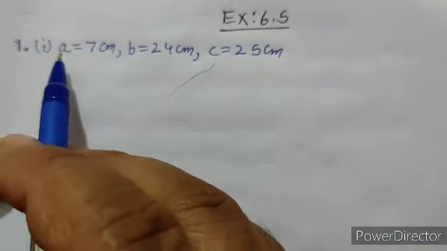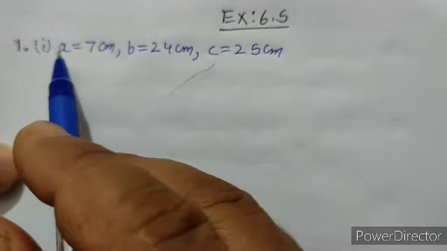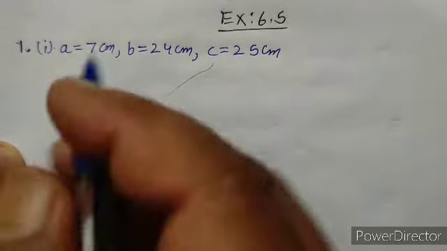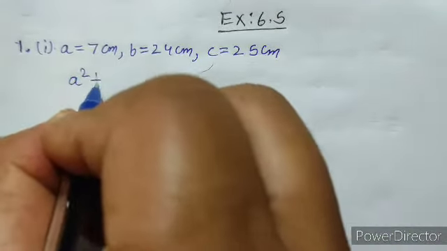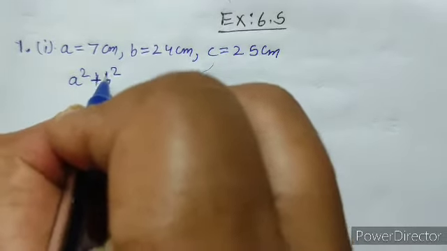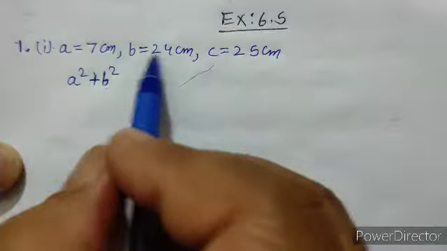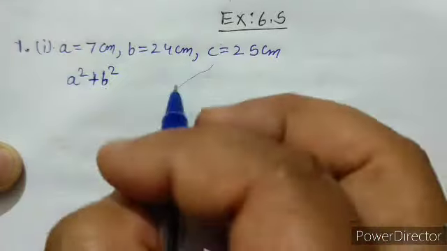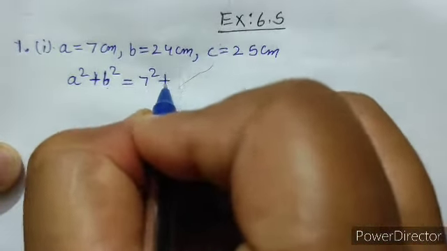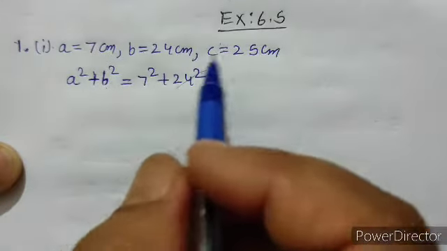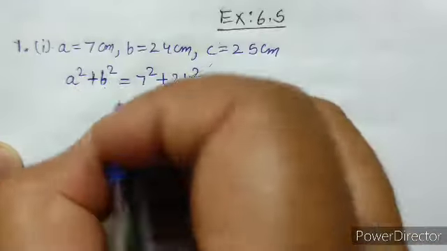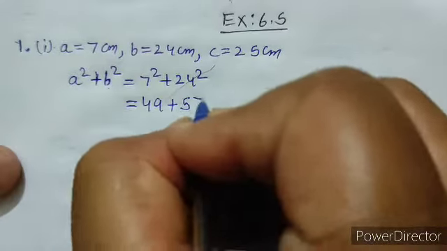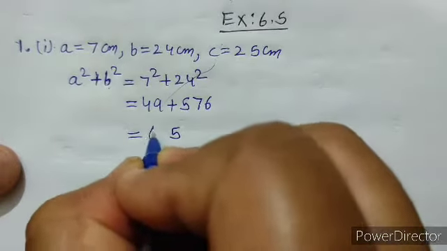Now here the sides of a triangle are given to us, and I have taken them as A, B and C. Now A square plus B square, we will take the sum of the squares of the two smaller sides out of the three sides given to us, and that will be 7 square plus 24 square, as 25 is greater than 7 and 24, and this will be 49 plus 576, and this will be 625.